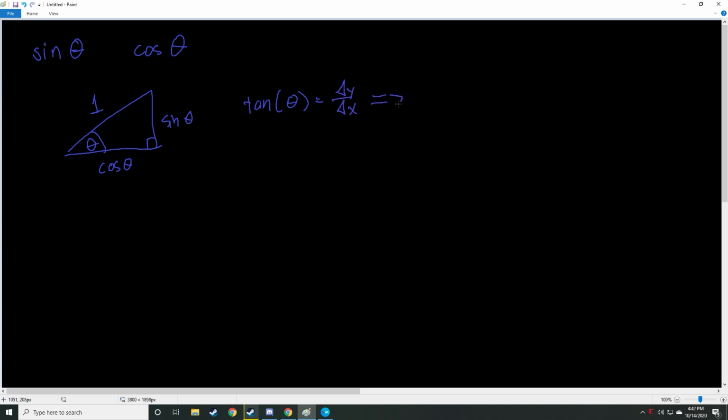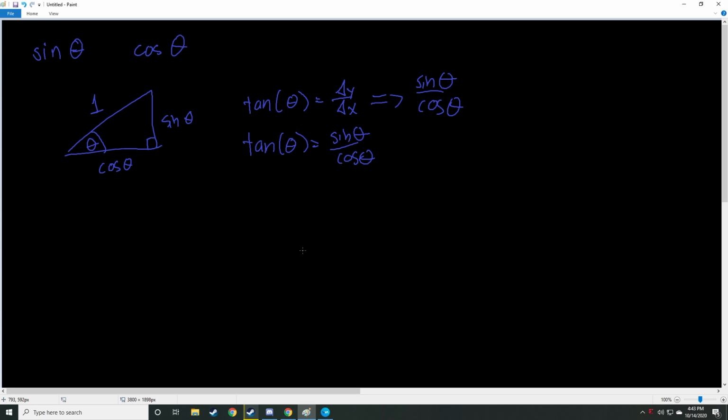Well, what is that equal to? The change in y, this side length here, is sine theta, and the change in x, this side length here, is cosine theta. So it's equal to sine theta over cosine theta. That's a very important identity. Tangent theta is equal to sine theta over cosine theta.